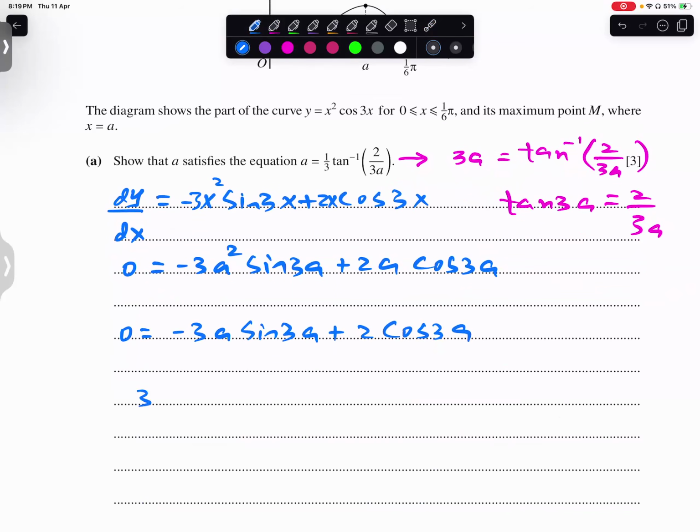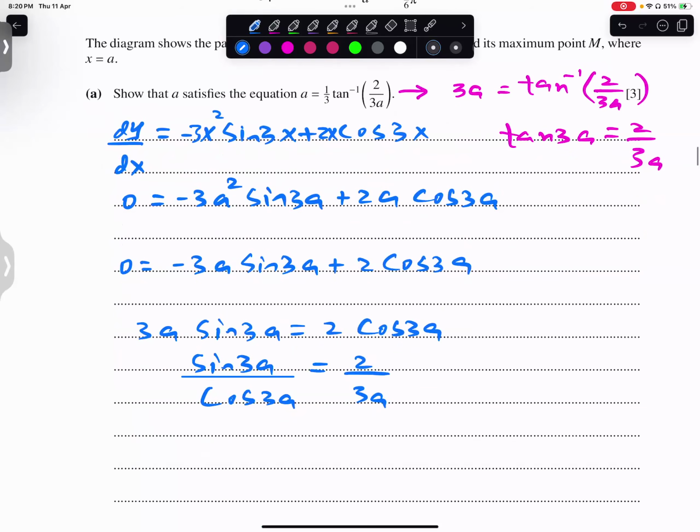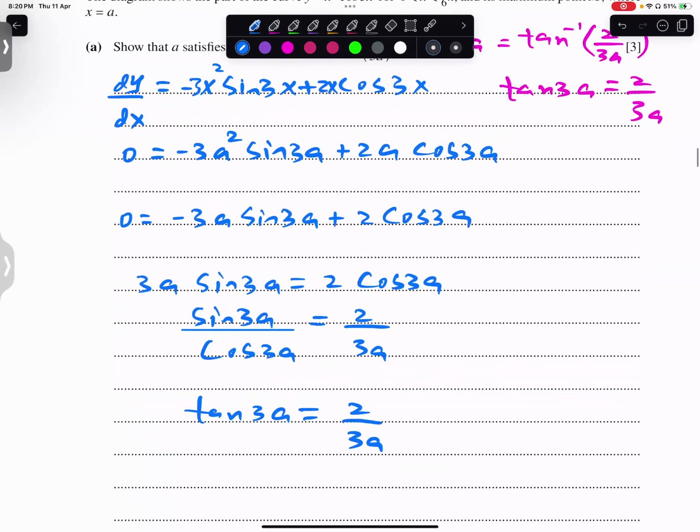So I can write it also as 3a sin 3a is equal to 2 cos 3a. Our target is to make tan, so sin 3a over cos 3a is equal to 2 over 3a. From this equation, you can see that tan 3a is equal to 2 by 3a.